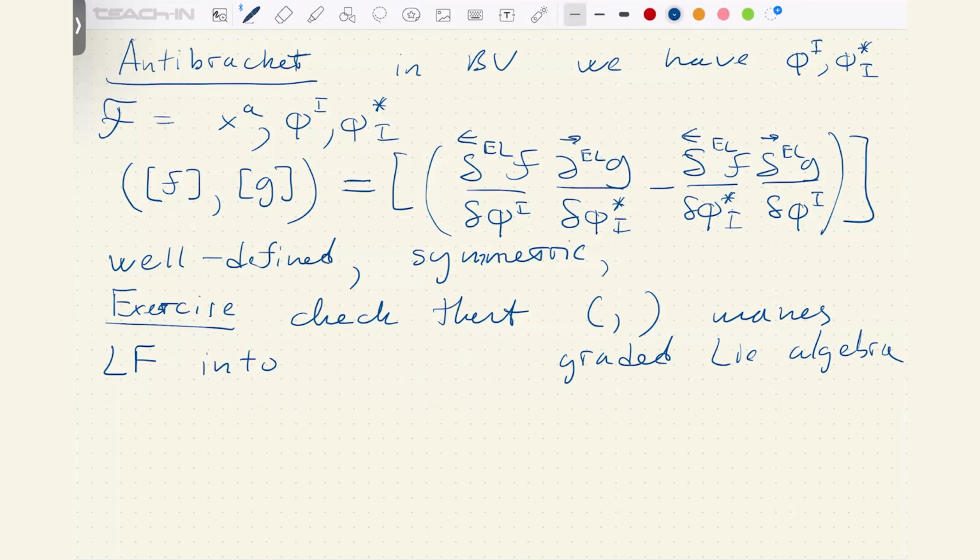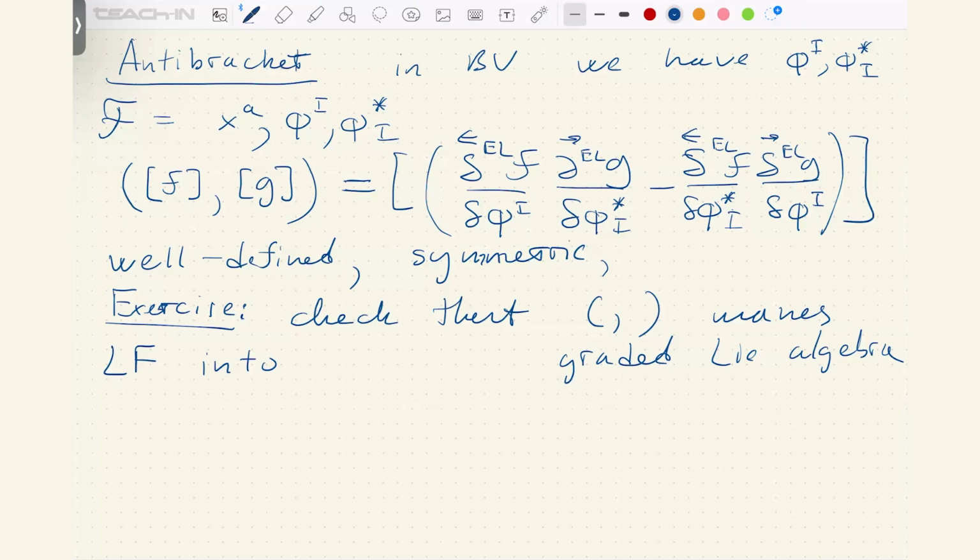It's just a graded Lie algebra, because you remember the anti-bracket has degree 1, but if we speak about a graded Lie algebra, we want the degree of a Lie bracket of two elements to be the sum of the degrees of the elements. That's why you need to make a small amendment to make the space into a really graded Lie algebra according to its definition. And I remove the differential because we don't have it yet.